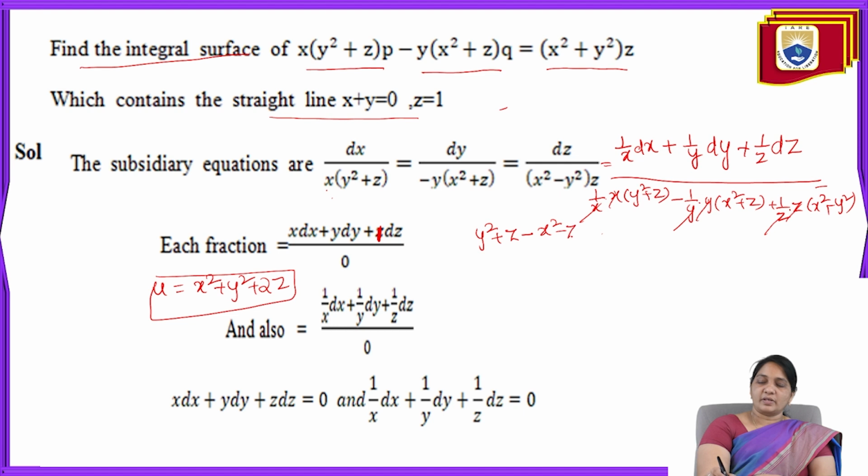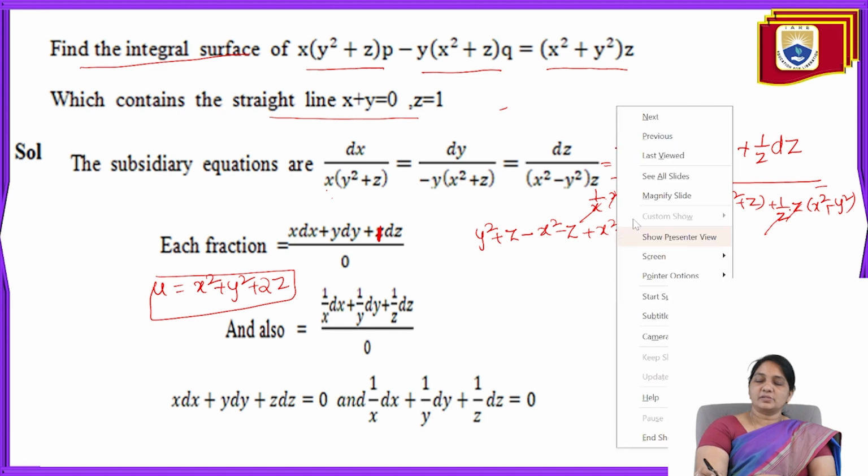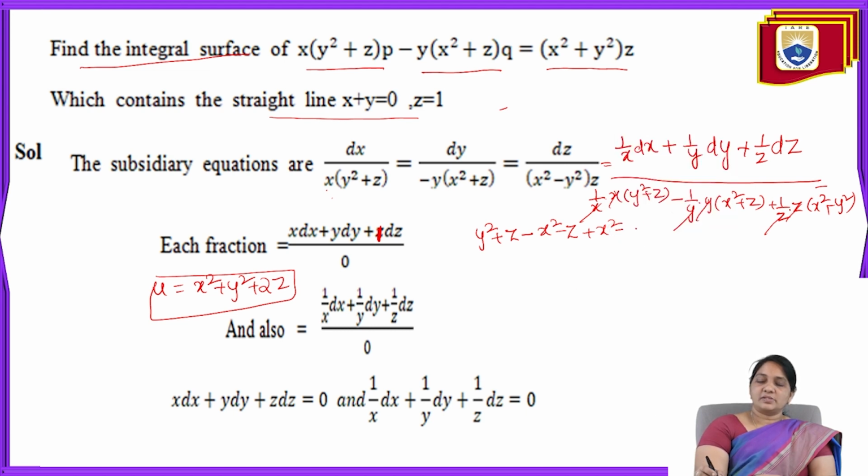minus x square minus z plus x square plus x square minus y square. So here I got the value z plus z minus z, minus x square plus x square minus y square plus y square.